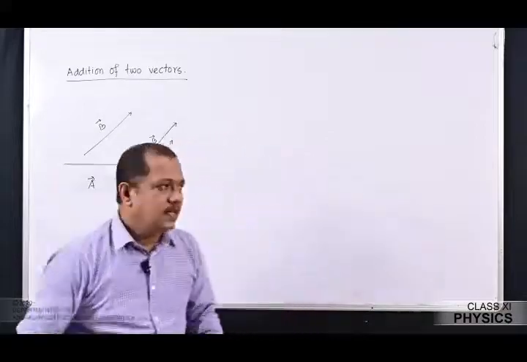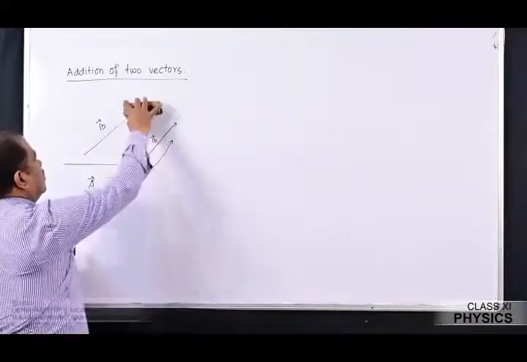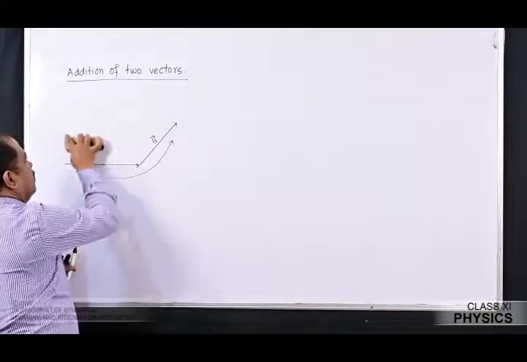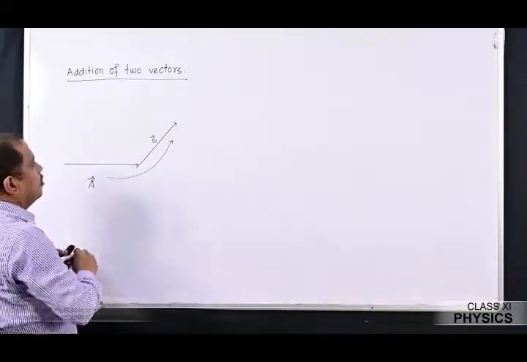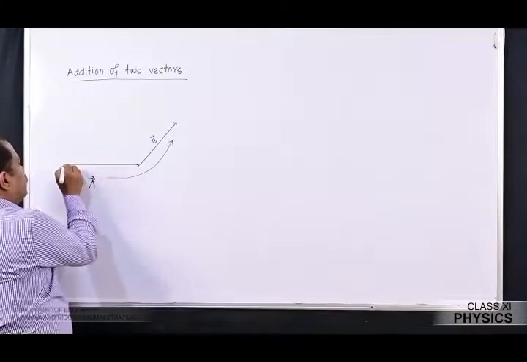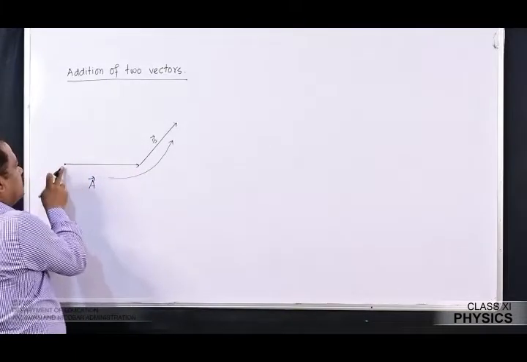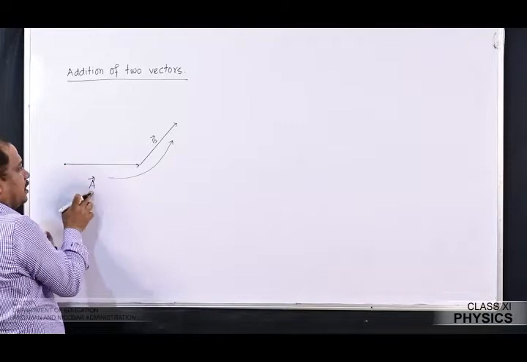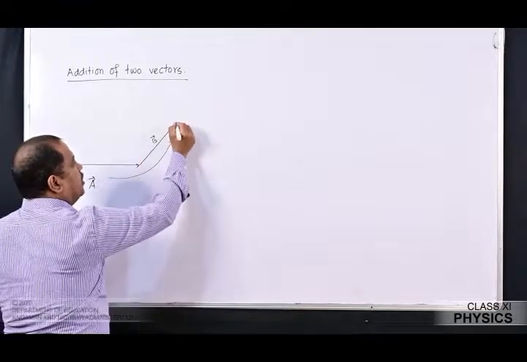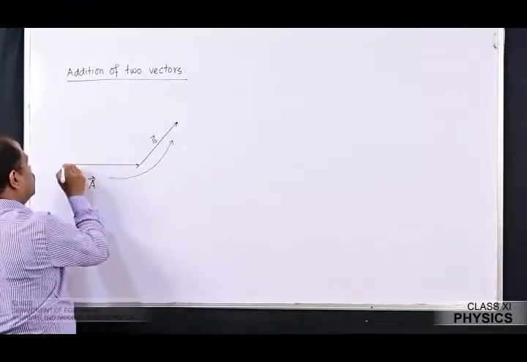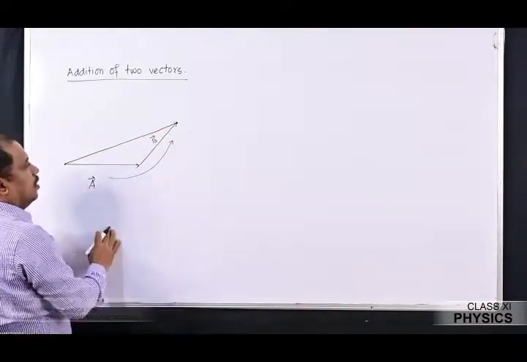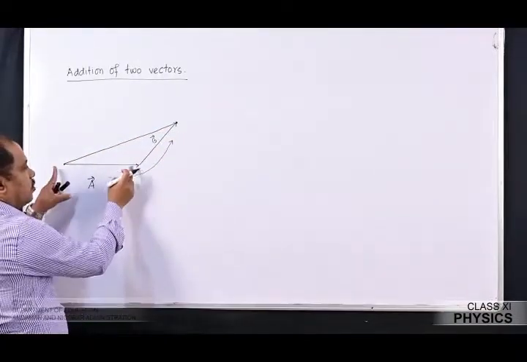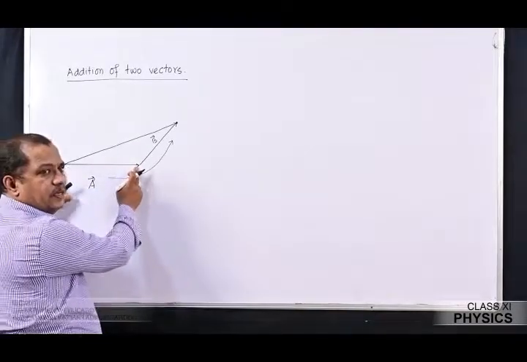Now the resultant vector would be, I am rubbing out this one because I have the same vector B, I have shifted it parallel. Now to find the resultant, I'll take the tail of vector A and the head of vector B, and join these two. We already studied that the length of a vector represents its magnitude.